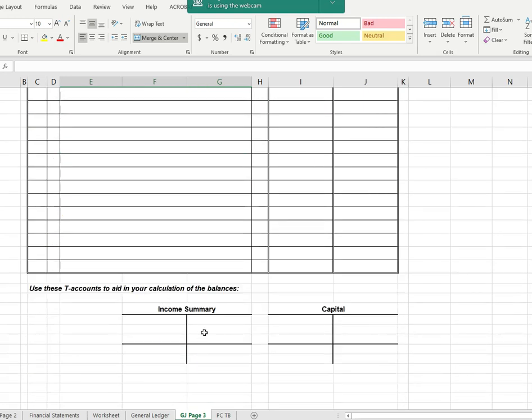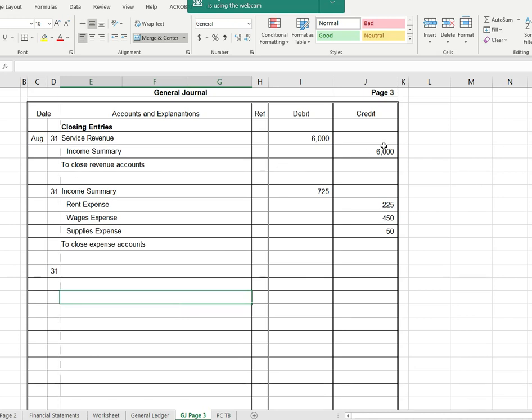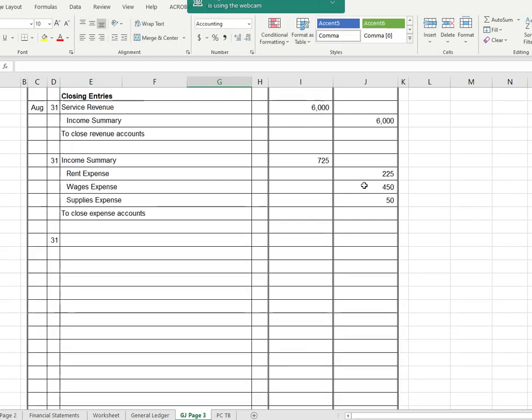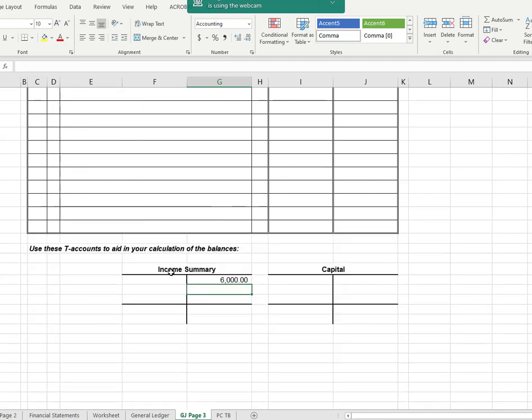All right, so here are our T accounts. First, in our income summary account, we have a credit. So I'm going to post $6,000 as my credit. Then I have a debit here of $725.